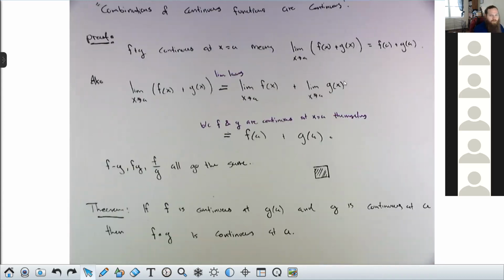This is slightly different hypotheses than the previous one. Proving this is best done with the delta epsilon thing. I don't know if it's a good use of our time to do that right now, so I'm not going to run through the proof here.